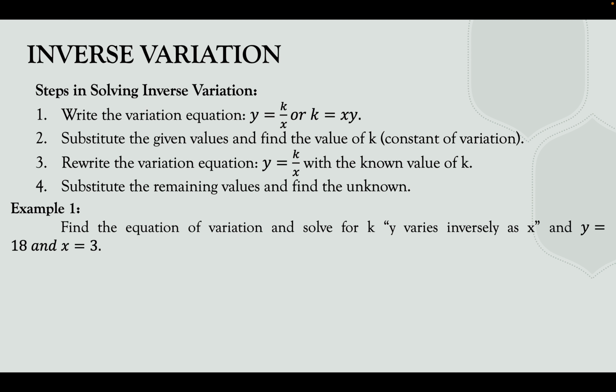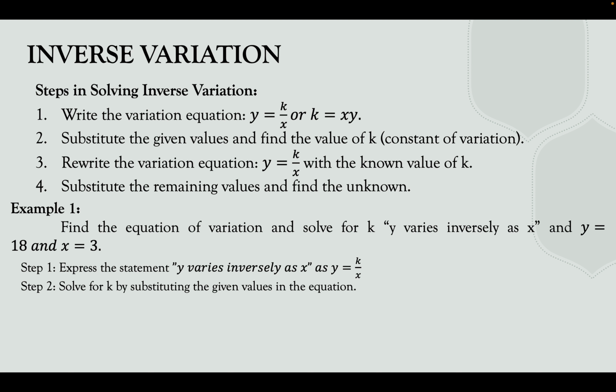Example number 1. Find the equation of variation and solve for k if y varies inversely as x and y is equal to 18 and x is equal to 3. Step number 1, we need to express y varies inversely as x as y equals k over x. Step number 2, we need to solve for k by substituting the given values.